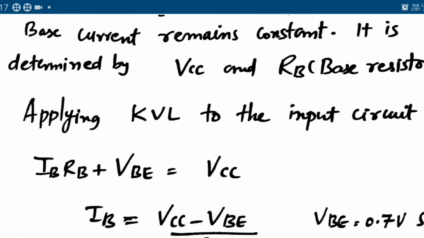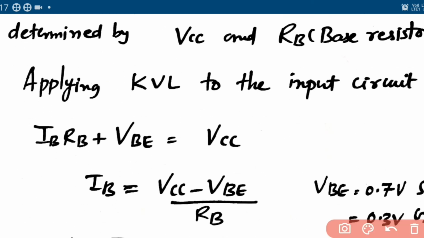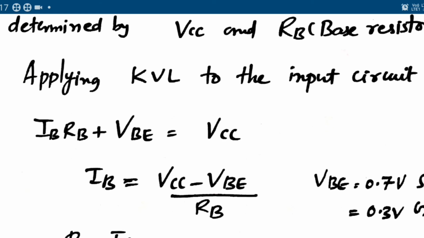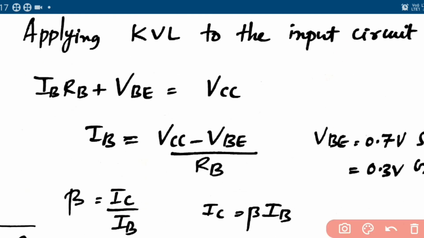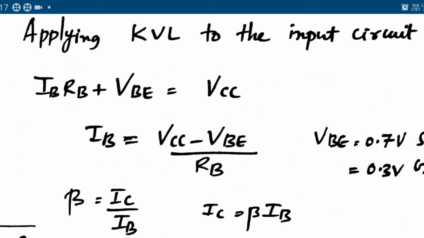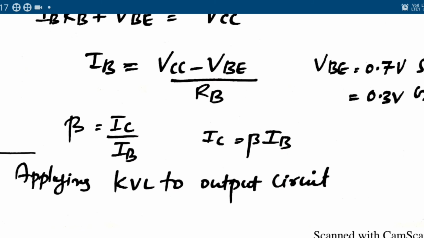So IB RB plus VBE equals VCC, and from this we can find IB. IB is VCC minus VBE by RB. VBE is 0.7 volt for silicon and 0.3 volt for germanium, the base emitter voltage.